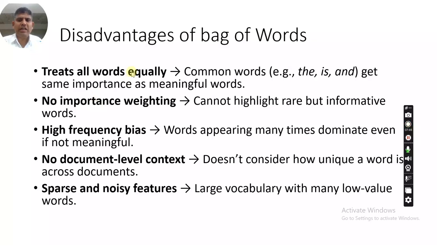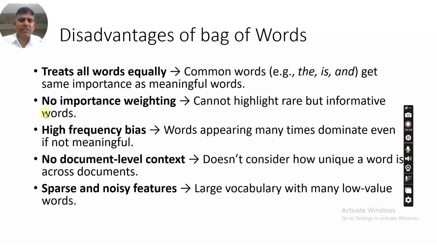There are certain disadvantages associated with bag of words. The advantage is that it is very simple to implement, but certain disadvantages are there. The first disadvantage is that it treats all the words equally. That means if you don't remove the stop words, they are still counted and their frequency is counted.